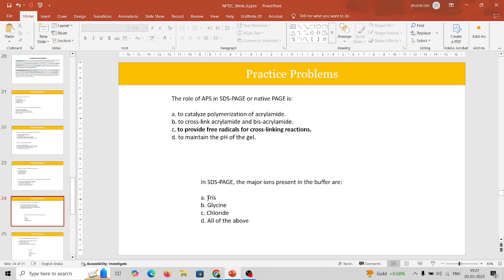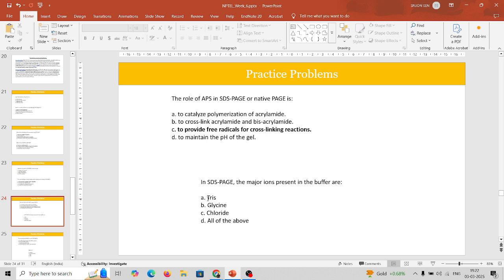Next one. In SDS page, the major ions present in the buffer are tris, glycine, chloride, all of the above. I was just speaking about the role of the ions in the stacking and the resolving gel.